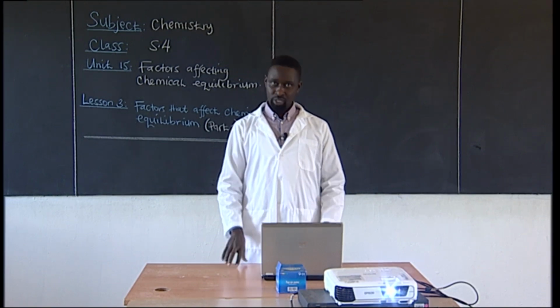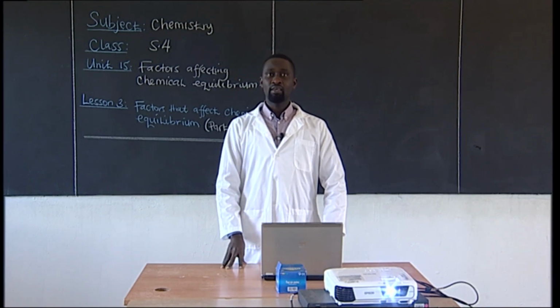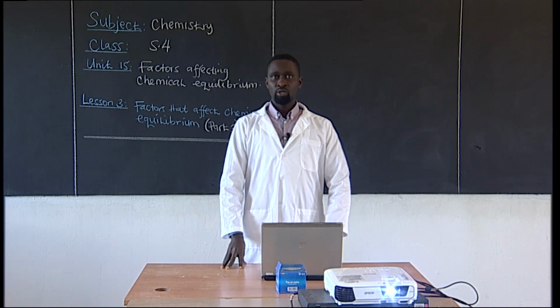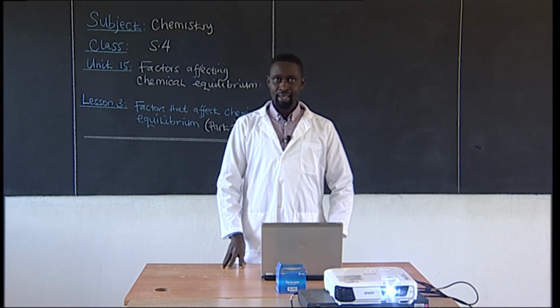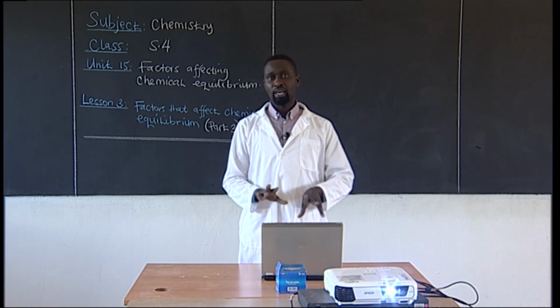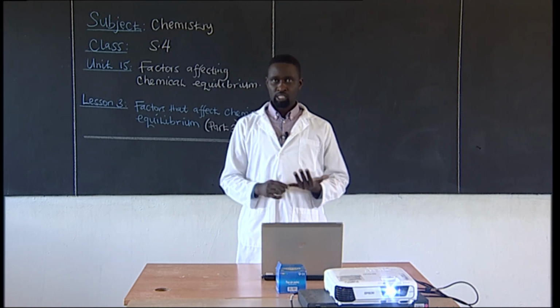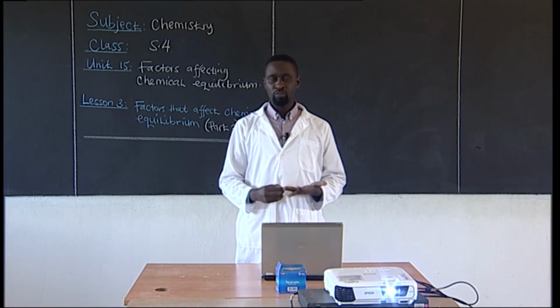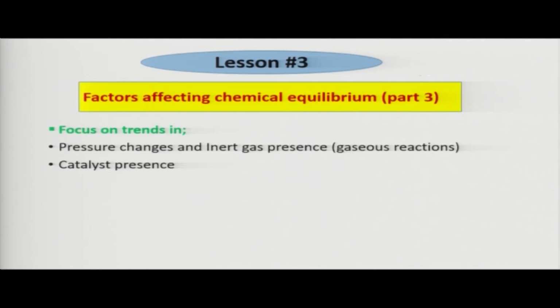And we shall conclude with the effect that is brought in by the presence of a catalyst. So we are going to be looking at those 3: pressure changes, addition of inert gas for gaseous reactions, and if there is any effect brought in by the presence of a catalyst.